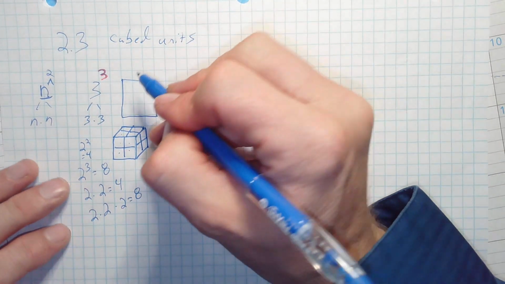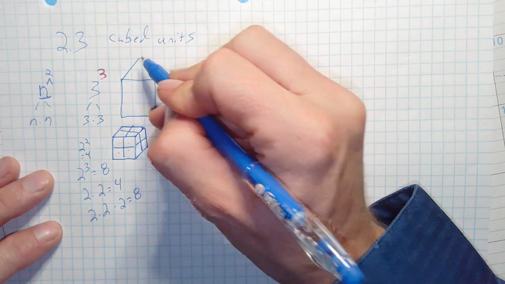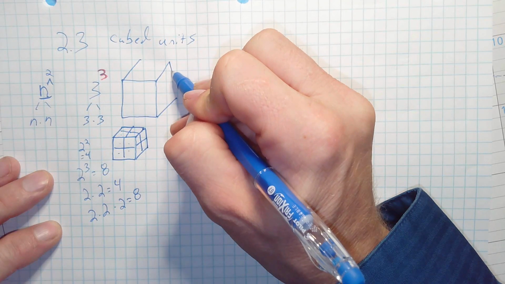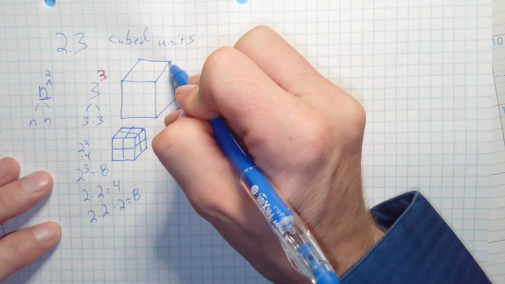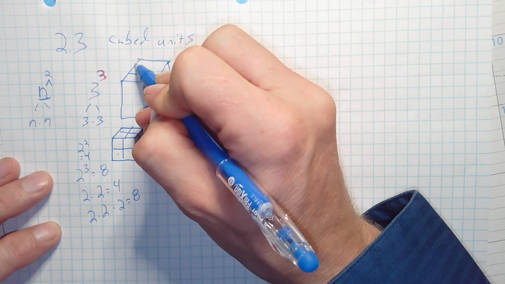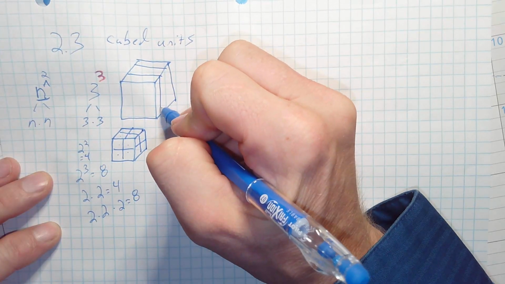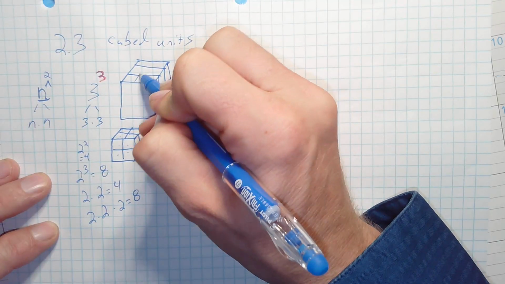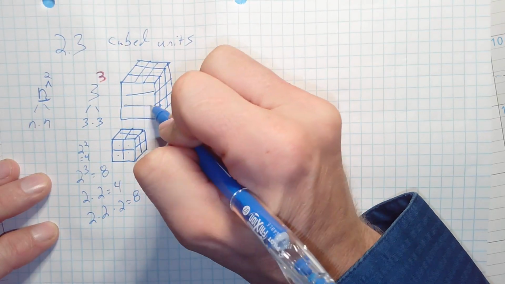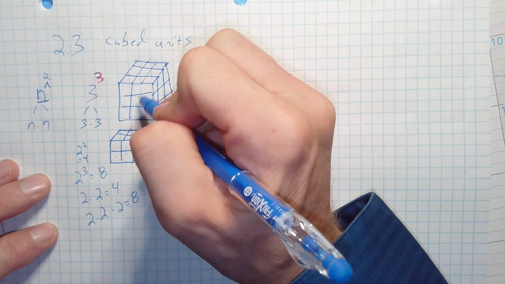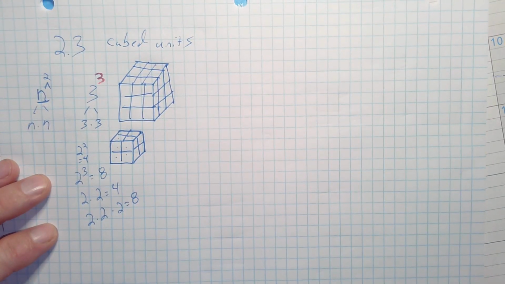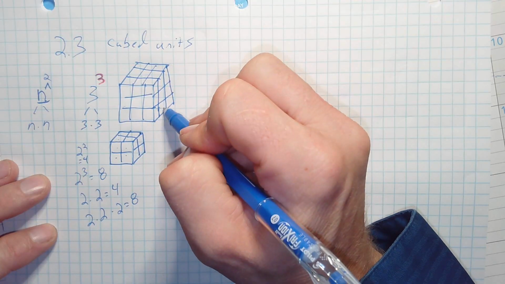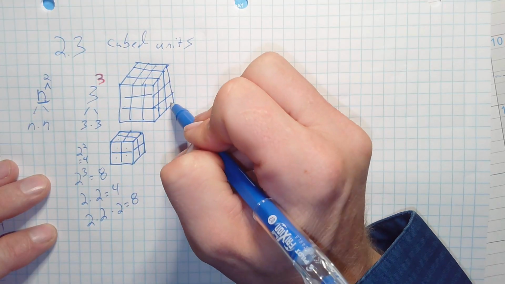Now let's see my 3 example. This has to go back some. It doesn't look too great, but now I have 3 rows of 3 stacked high. So I got the first row, second row, and third, so 3, 3, 3.